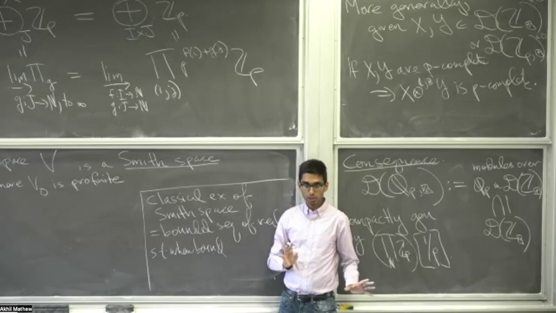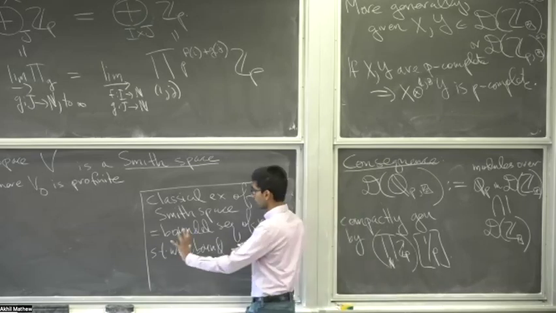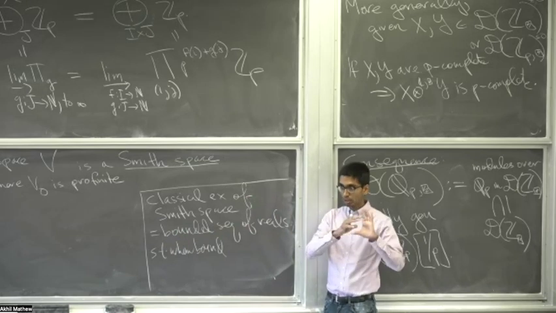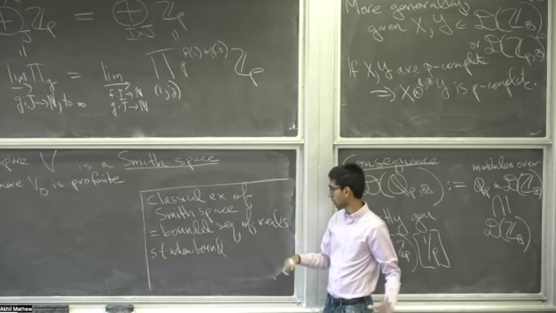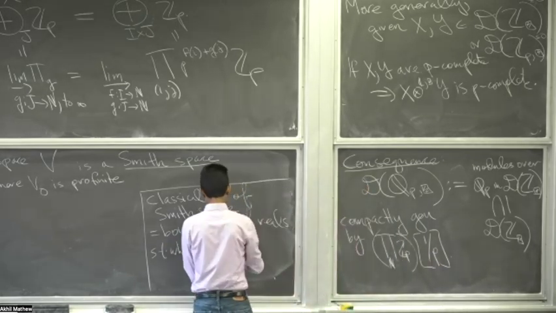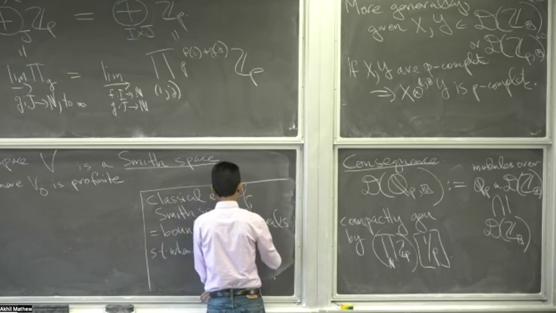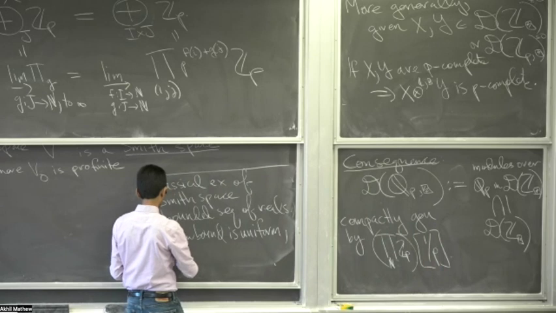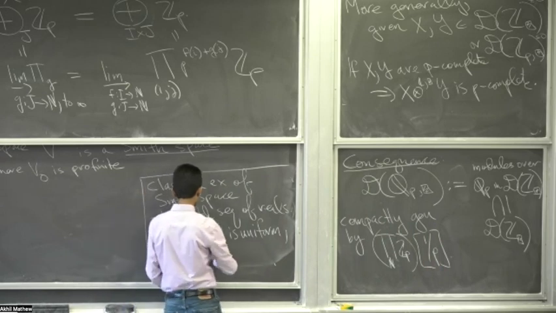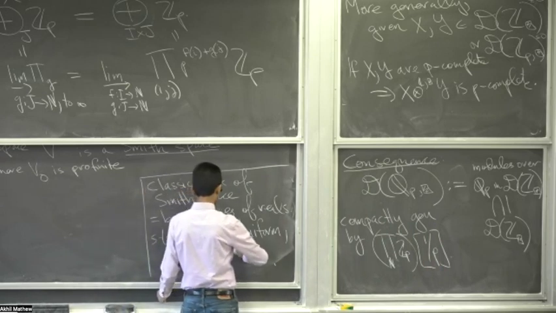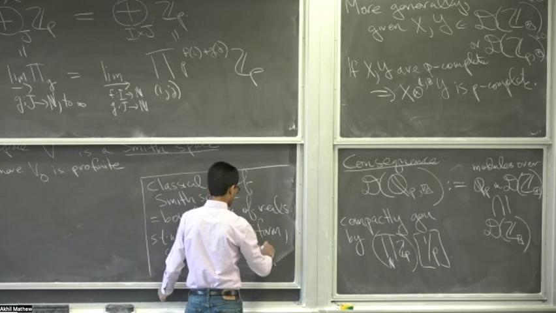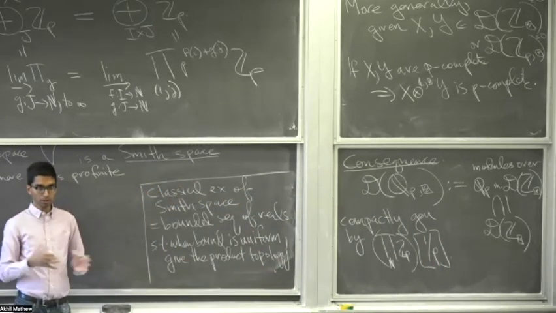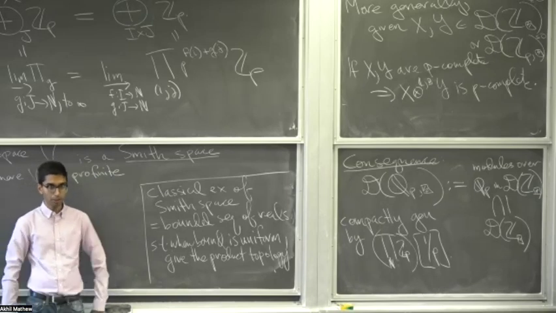But the topology is such that if you look at the subspace where everything is uniformly bounded, where the bound is uniform, you give it the product topology. And then it's going to be the Coleman topology. So it's not given by the norm.